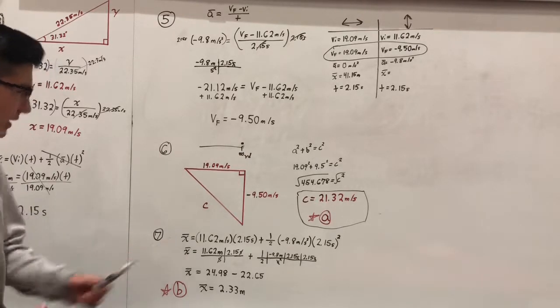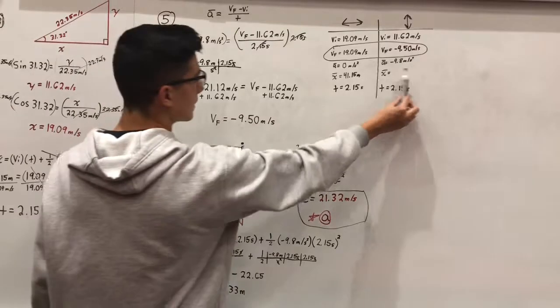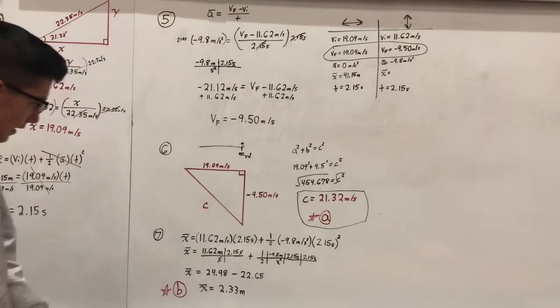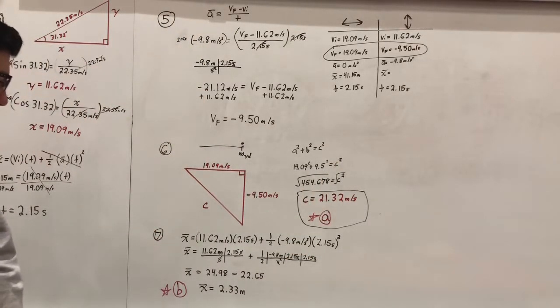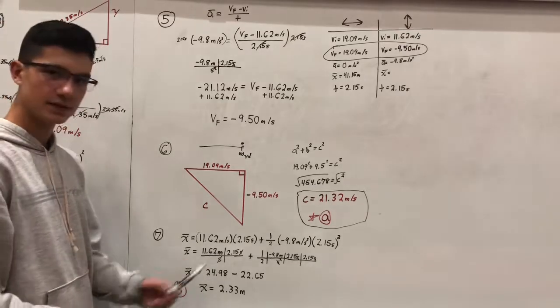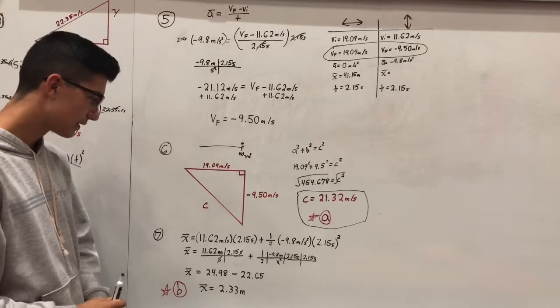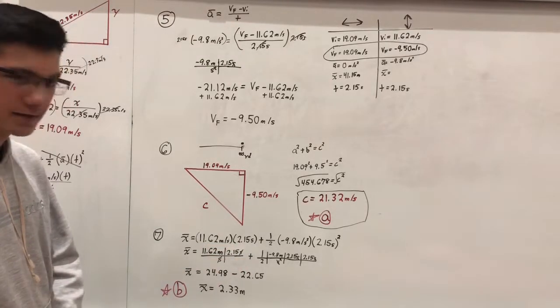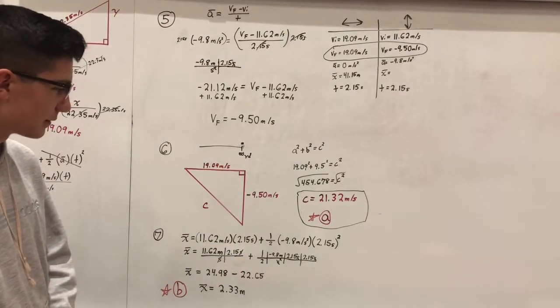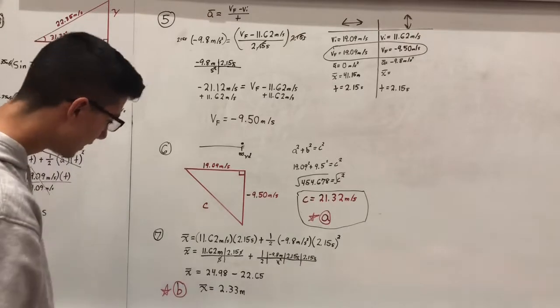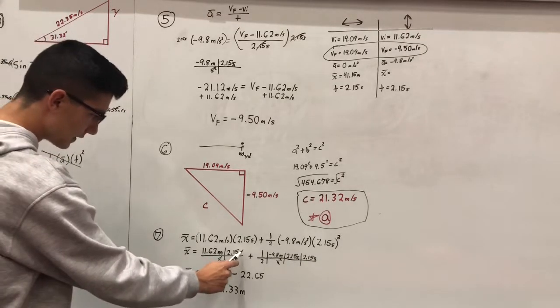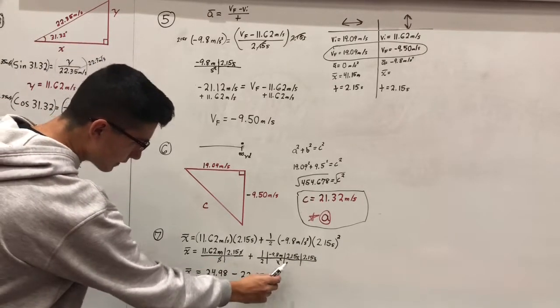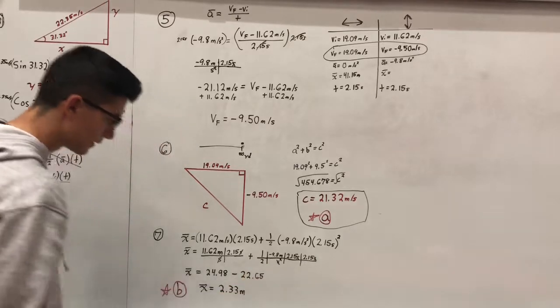So we'll just use displacement, and again, only sticking to this side. The initial will be 11.62 meters a second times the time, 2.15 seconds, plus 1/2 of the acceleration, which is negative 9.8 meters a second squared, times the time squared, which is 2.15 squared. And these seconds will cancel, and also these seconds over here on this side will also cancel.